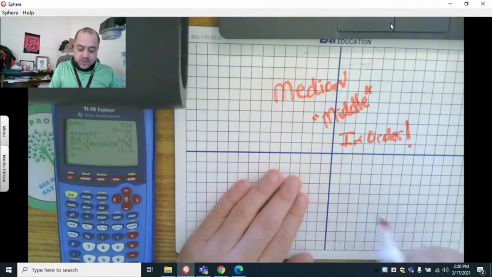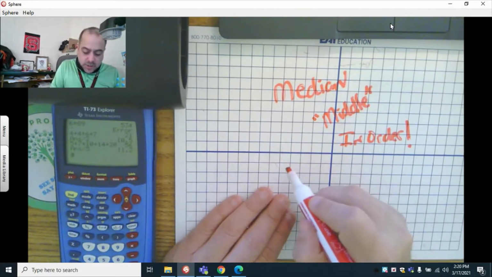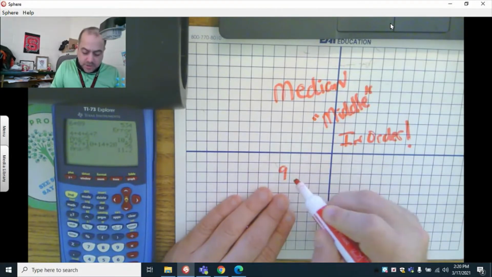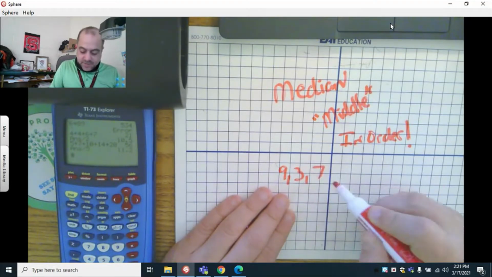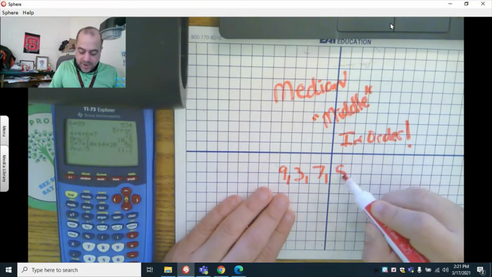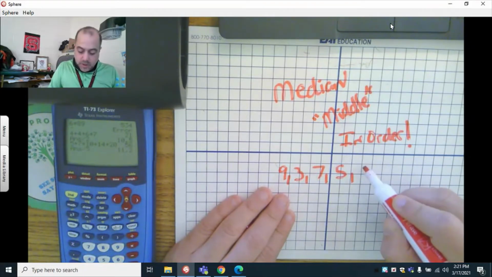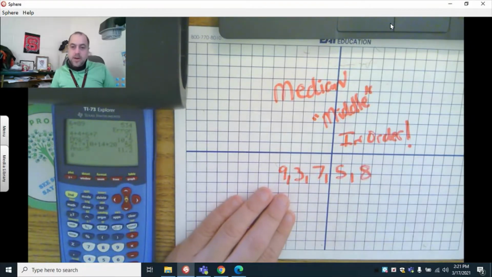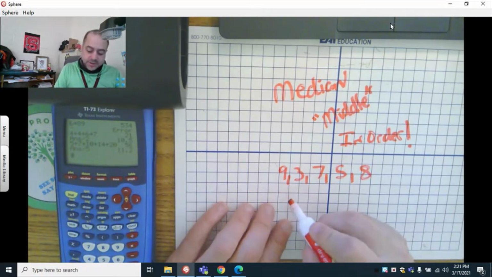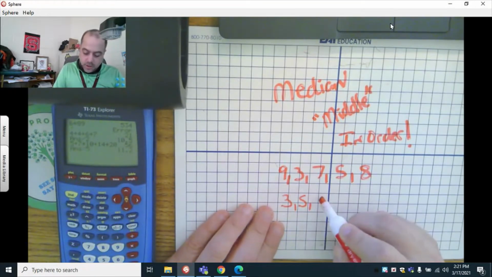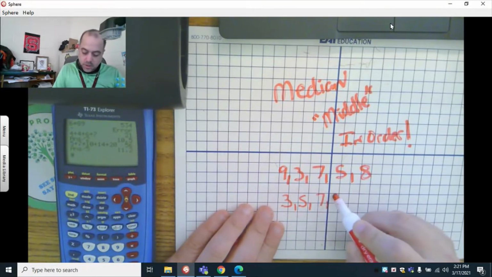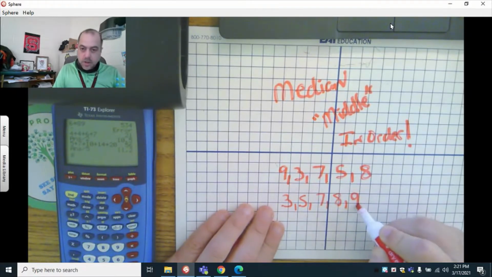In order. So let's take us numbers like this: 9, 3, 7, 5, 8. All right. Now let's look at these numbers and find the one in the middle. All right, first off, I want to put them in order. So I'm going to say 3, 5, 7, 8, and 9.